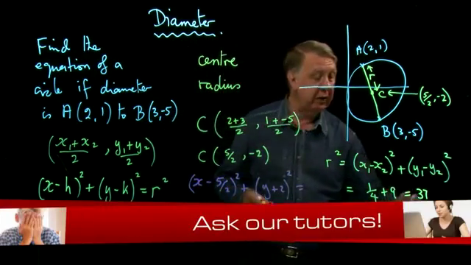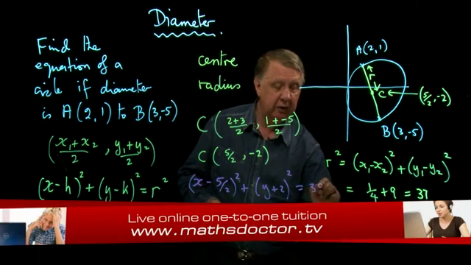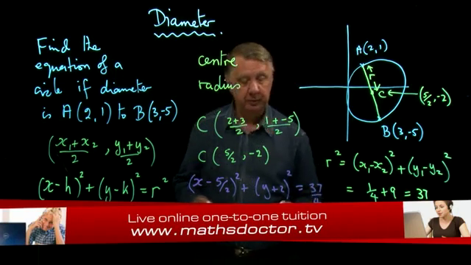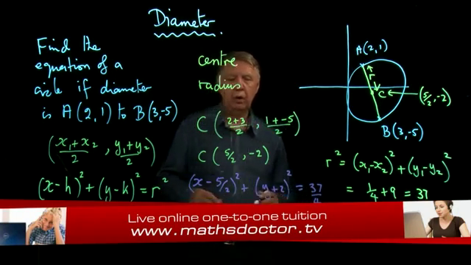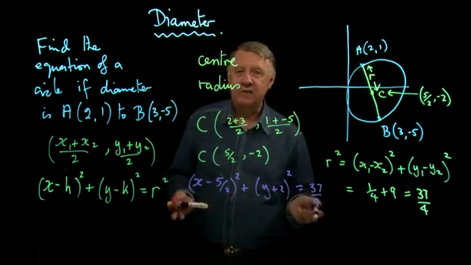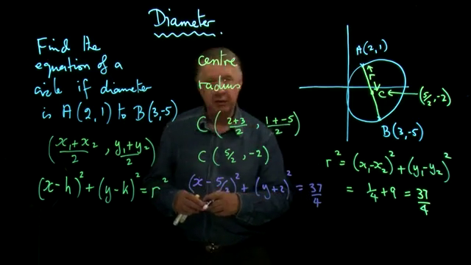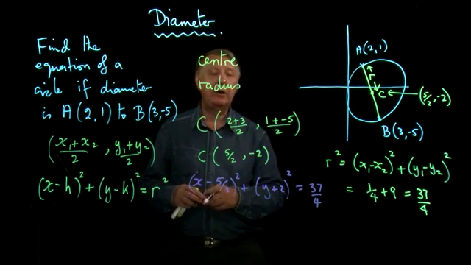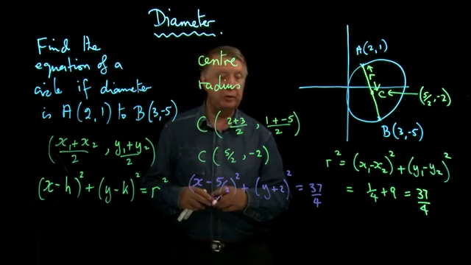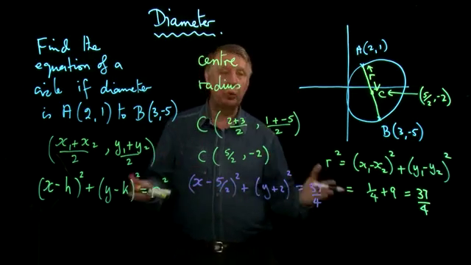Okay, you don't need to do anything with that. You don't need to panic. 37 over 4. Now, in a sense, that's the answer. It is highly unlikely that the examiner would accept that as the final answer, and you would probably be asked to give it in the form of something.